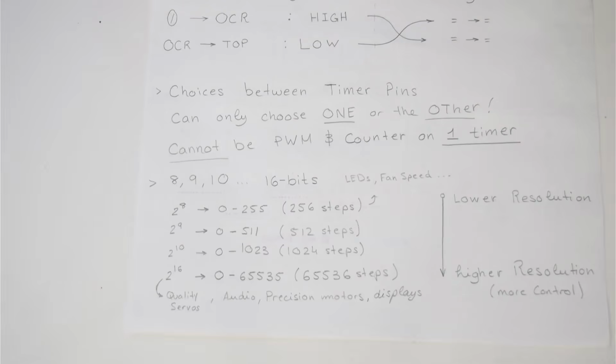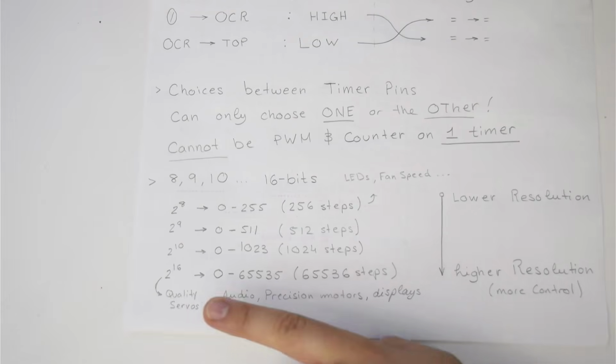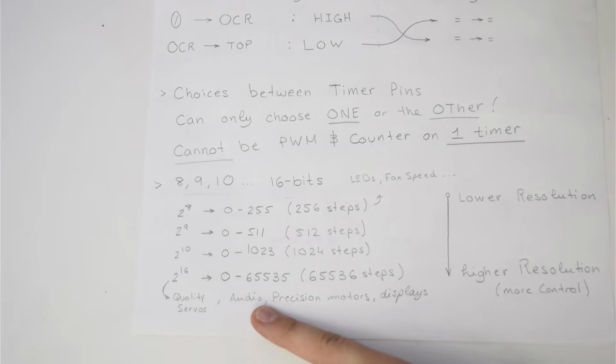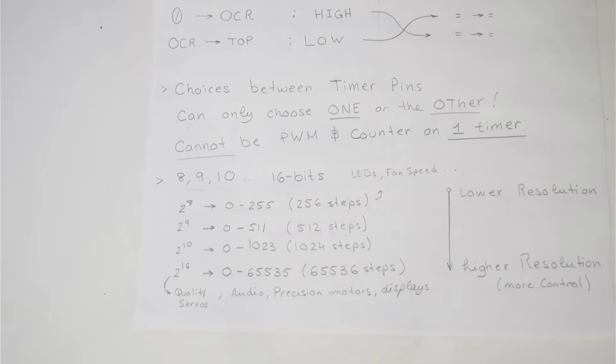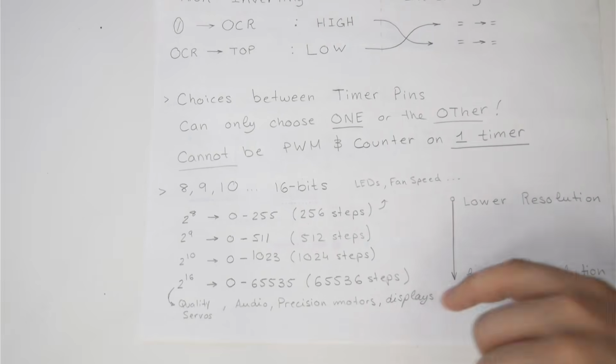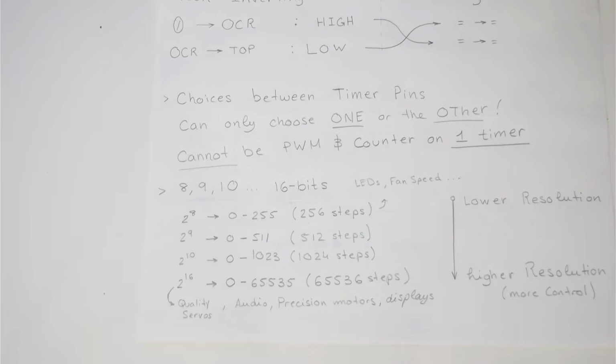Things like quality servos, audio processing, precision motors, especially in the medical field, like the Da Vinci, where you have different motors that require extreme precision, or even 3D printers, which require a 10th or even 100th millimeter precision accuracy, and displays.